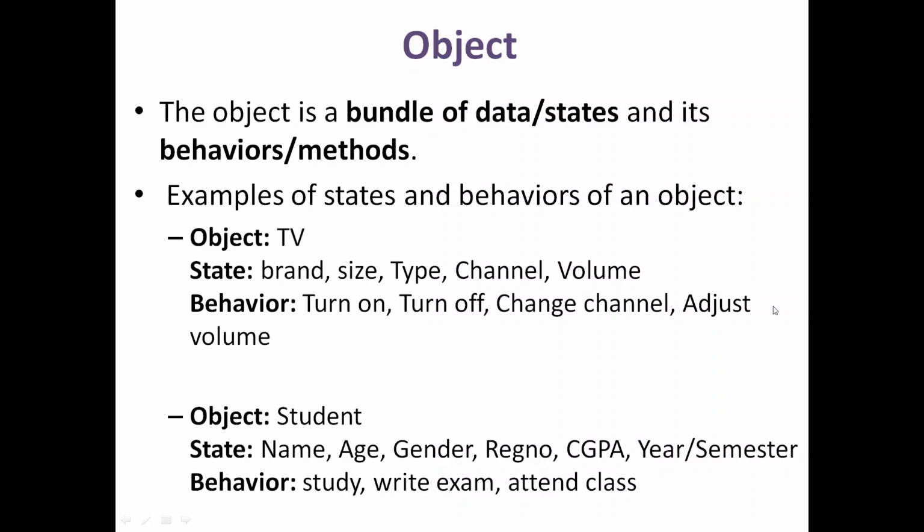If you closely notice these states, you can see that some states are constant. The brand cannot be changed, the size cannot be changed, similarly the type, but you can change the value of the channel and also the value of the volume. That is, you can increment or decrement the channels, similarly you can increment or decrement the volume.